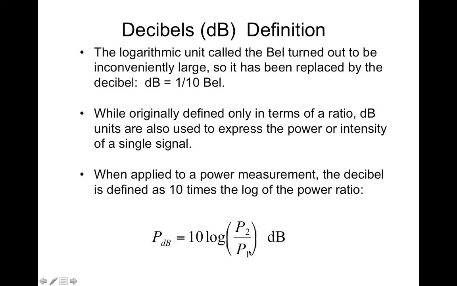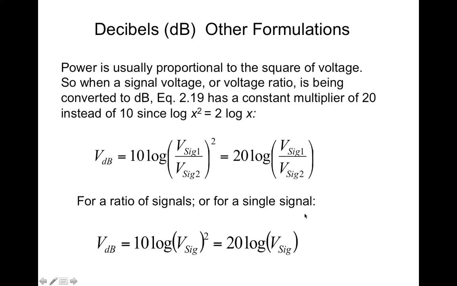Now, I was actually almost hesitant to even show this slide because this is typically not the ratio that we look at, because we're typically not talking powers when we talk dB and signal to noise ratio. We're typically talking voltages. Because power is proportional to voltage squared, you can see in that previous equation, if you substitute voltage squared, then remember the log of a quantity squared is 2 times the log of that quantity.